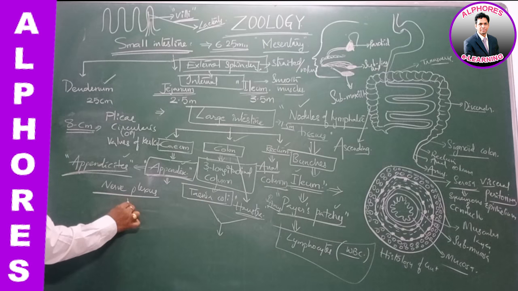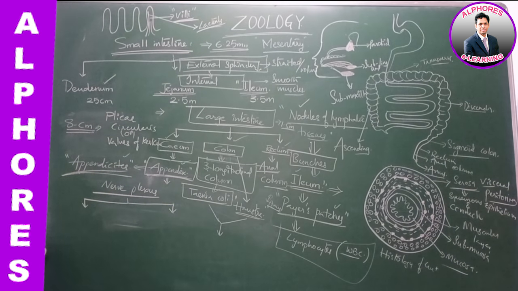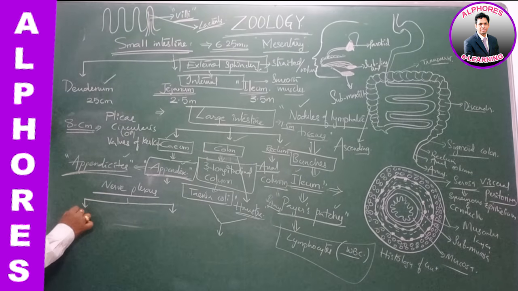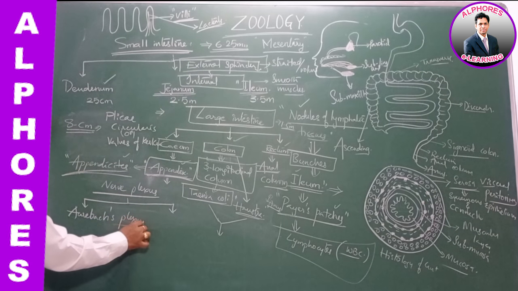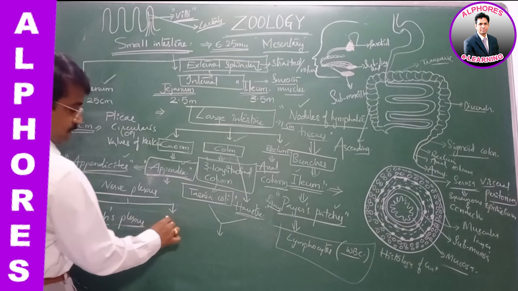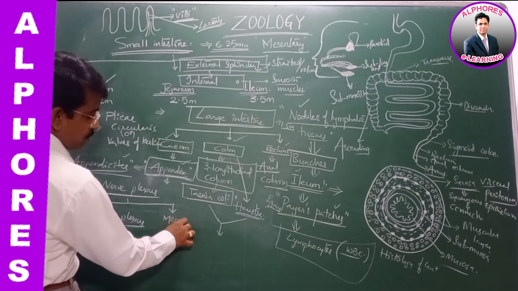There are two types of nerve plexus associated with the digestive tract. One is named Auerbach's plexus. Plexus in the sense network. Auerbach's plexus, and another is named Meissner's plexus.